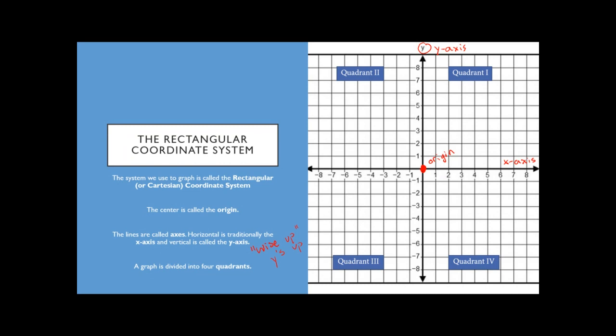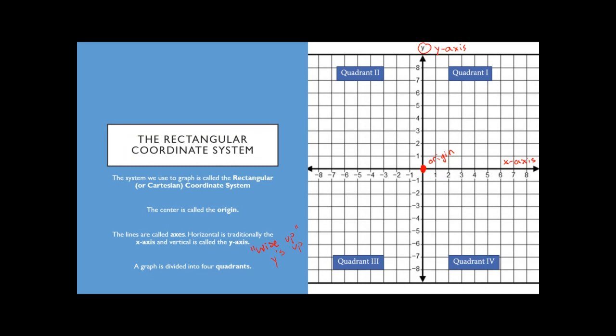And the graph here, you can see that with that solid line for the axes, it's divided into basically 4 sections, and those are called quadrants. Quad means 4, so that's where the word quadrant comes from. And notice the labeling that it's counterclockwise. And this is just by nature.